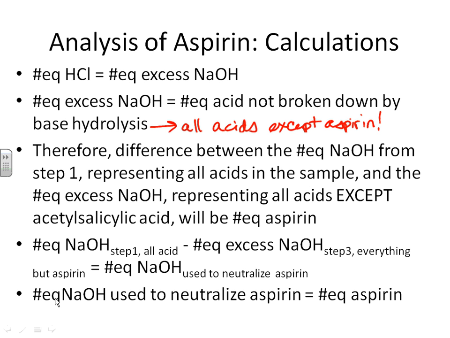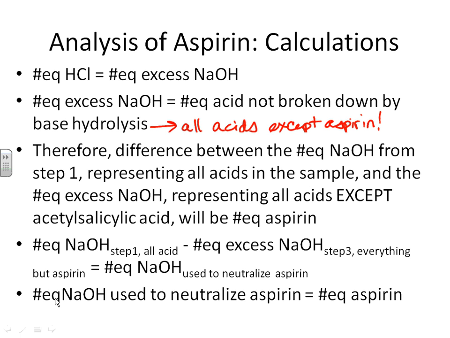You subtract away the number of equivalents of excess NaOH from step 3 from the back titration. That represents all the acids except the aspirin, and what that will give you is the number of equivalents of NaOH that was used to neutralize the aspirin. Because aspirin is monoprotic, that's important, the number of equivalents of NaOH you use to neutralize the aspirin is equal to the number of equivalents of the aspirin itself.